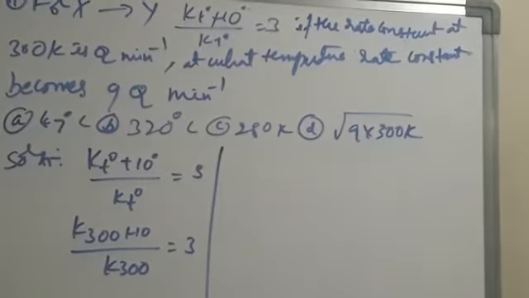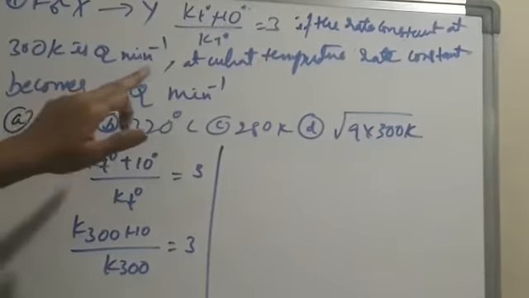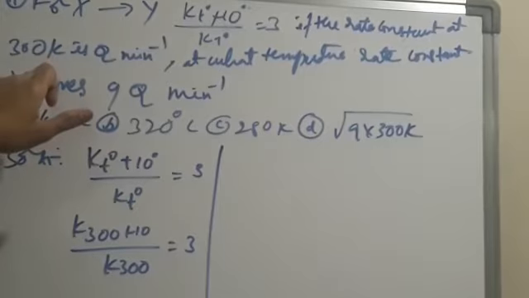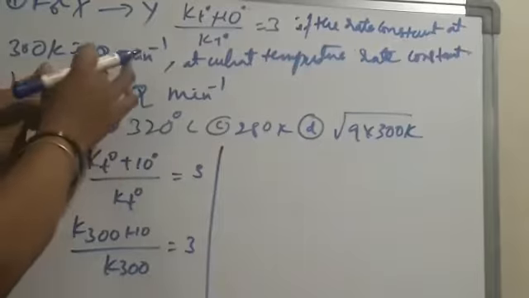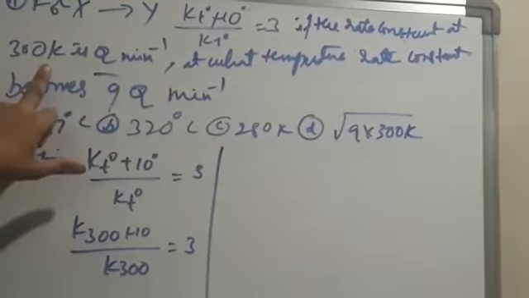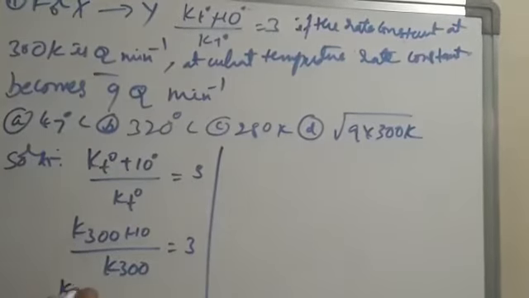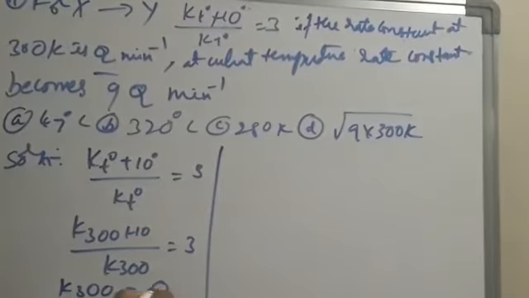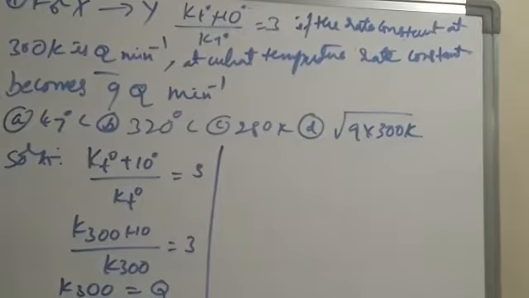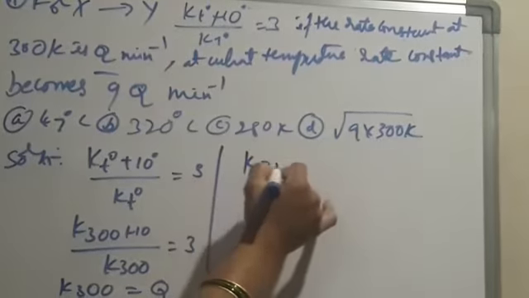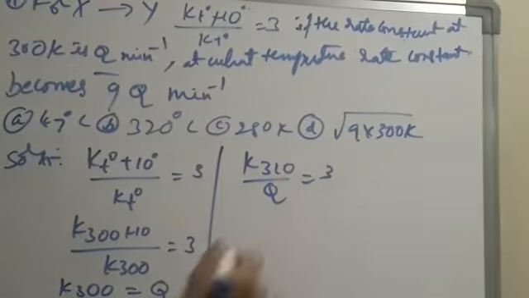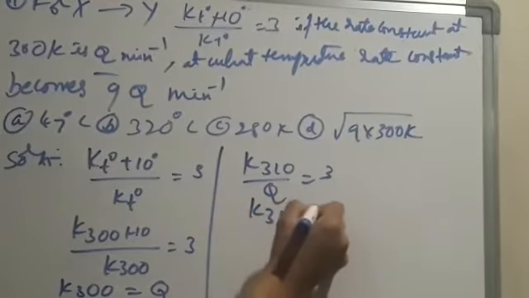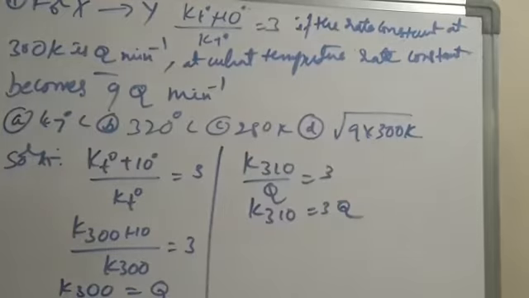At 300 Kelvin the rate constant is Q, so K 300 is equal to Q. So K 310 by Q is equal to 3, and K 310 is equal to 3Q.